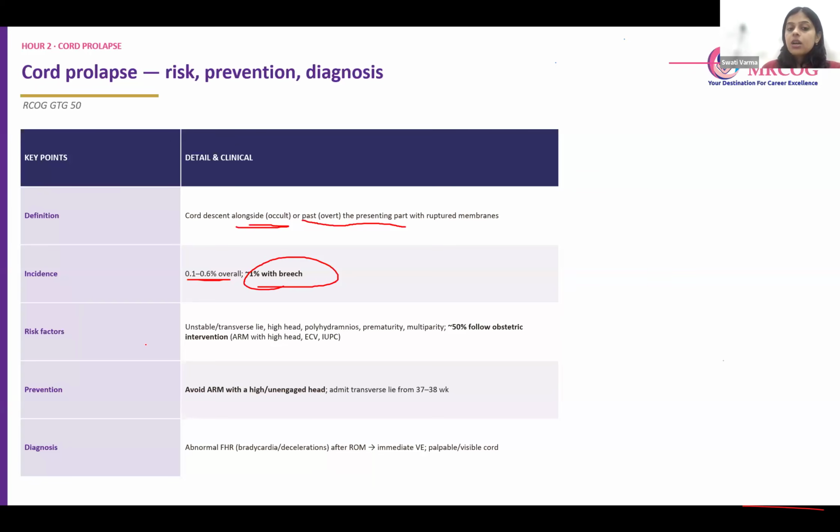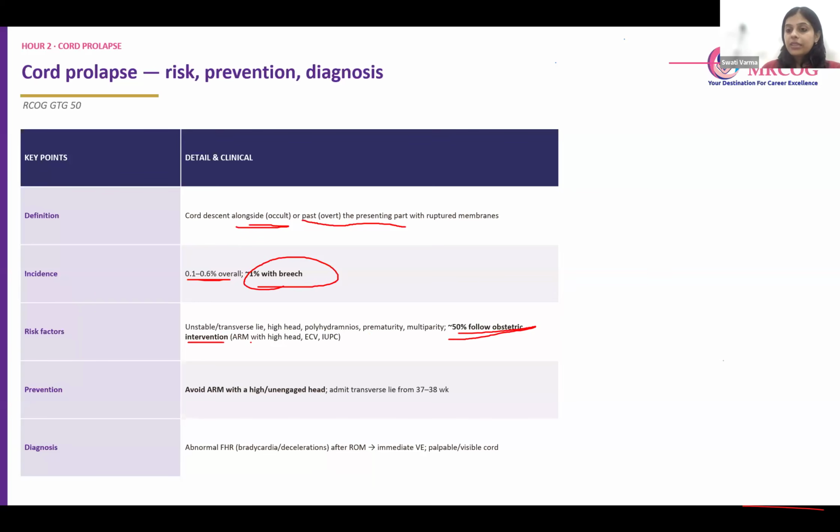Risk factors: unstable or transverse lie, high head, polyhydramnios, prematurity, multiparity, or we can say that 50% of them follow any obstetric intervention.